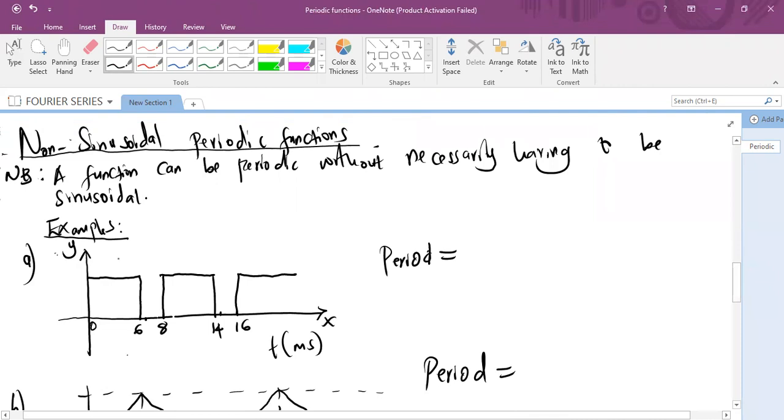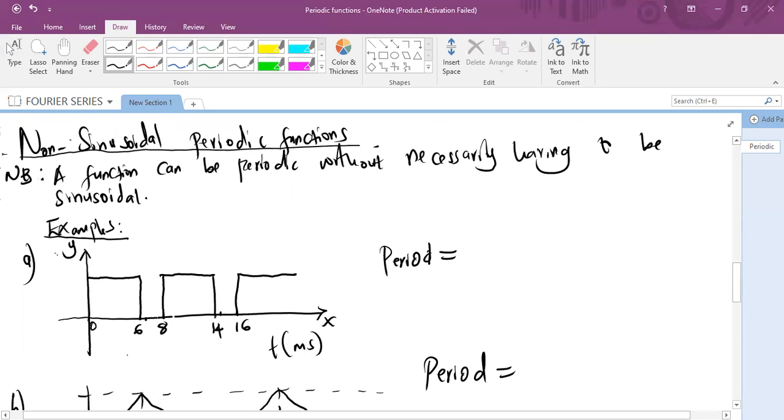So, for example, this function here, as you can see, it's periodic. We start here at 0, and as you can see, at 14, it starts repeating itself.